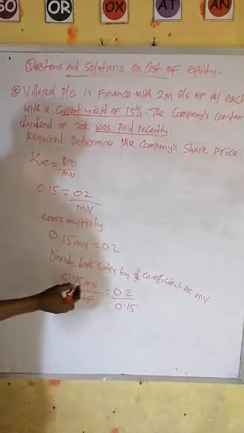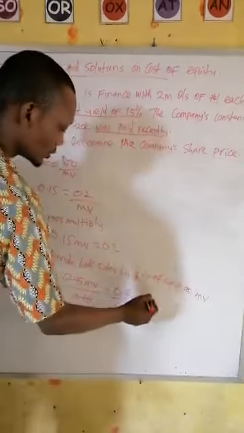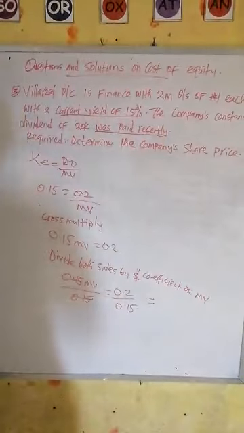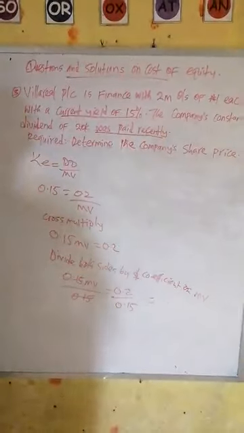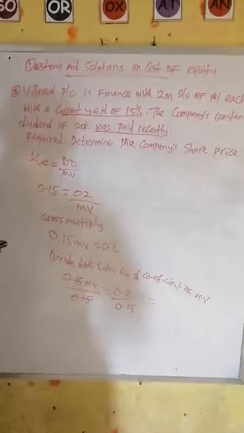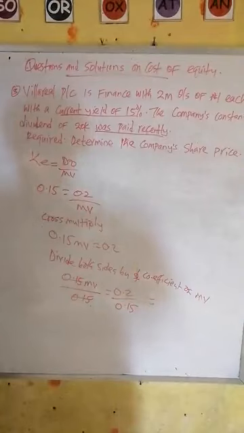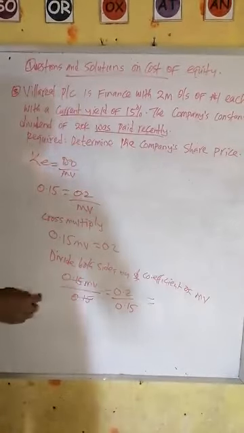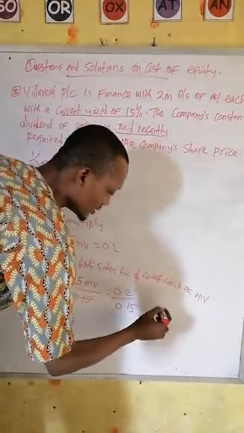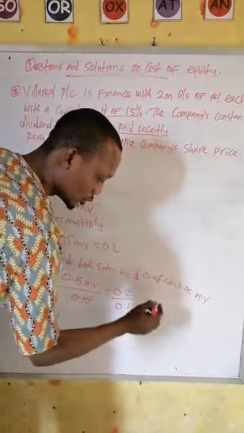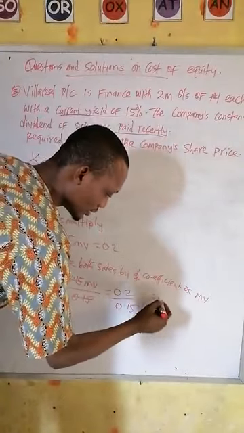So this will cancel this. Our market value is equal to, what is it? Press your calculator: 0.2 divided by 0.15. So we have 1 naira 33 kobo. It is market value, so it will be in naira, in currency form.